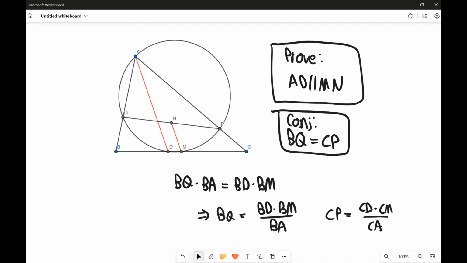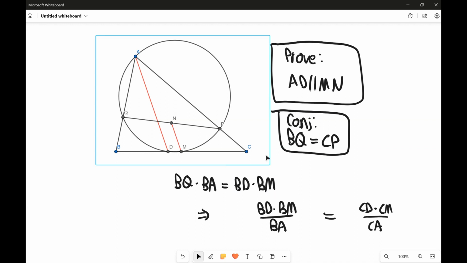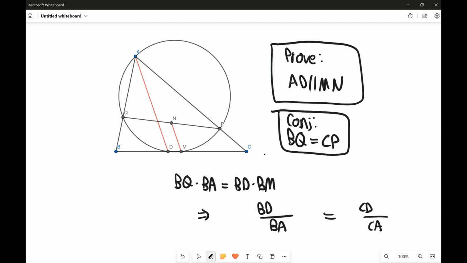And if we were to prove that these two are equal, then we want to show that these new expressions are equal. But now we know that BM equals CM since M is the midpoint. So we can get rid of these. There we go. And now we are just left with proving that BD over BA is equal to CD over CA.